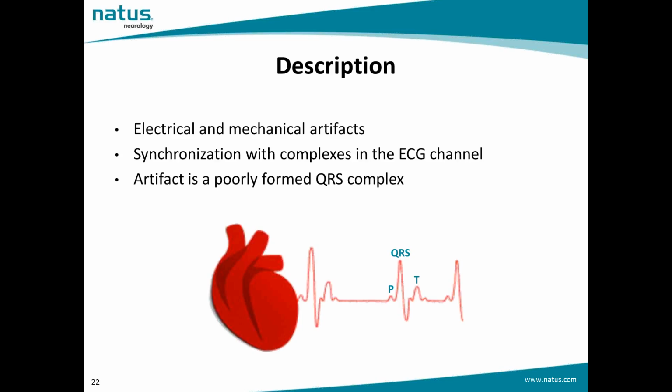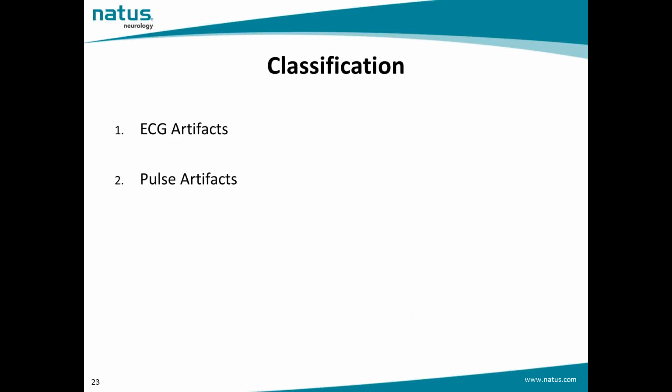Overall, it's most prominent when the neck is short. Within the ECG artifact, the P wave and T wave are usually not evident, and it appears as a poorly formed QRS complex. Mainly, we can distinguish 2 different types of cardiac artifacts: the ECG artifacts and the pulse artifacts.